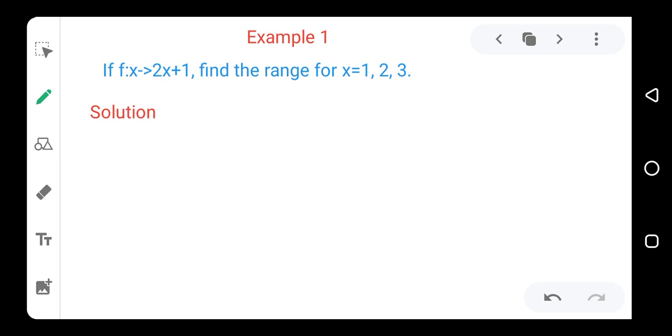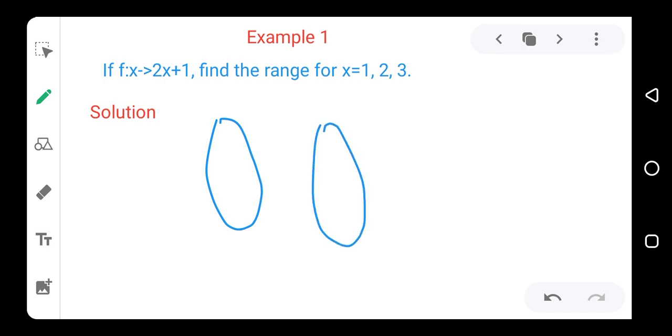This is telling us that we have this value, then we have this. We already know this is always the x and this is always our y, but in mapping we are not always so much interested in y. We are always interested in the f of x.